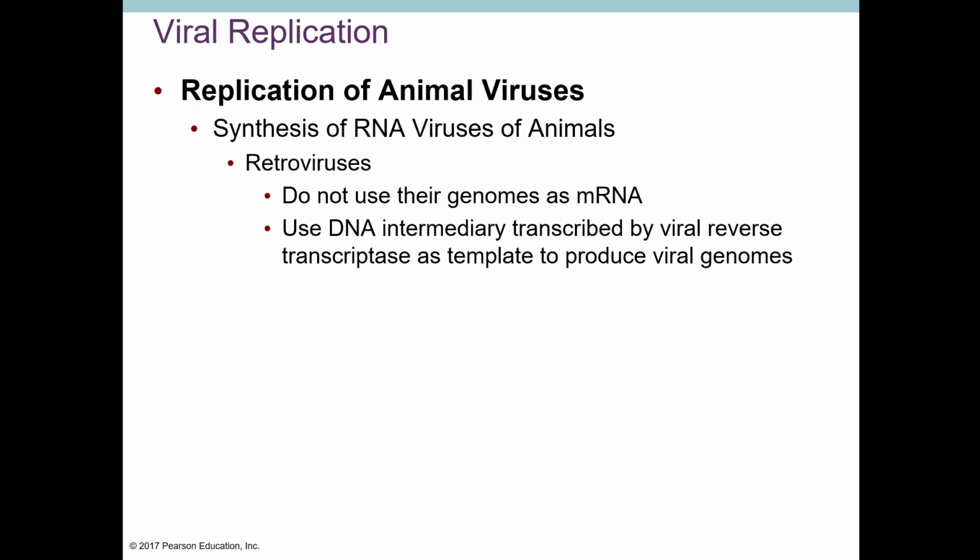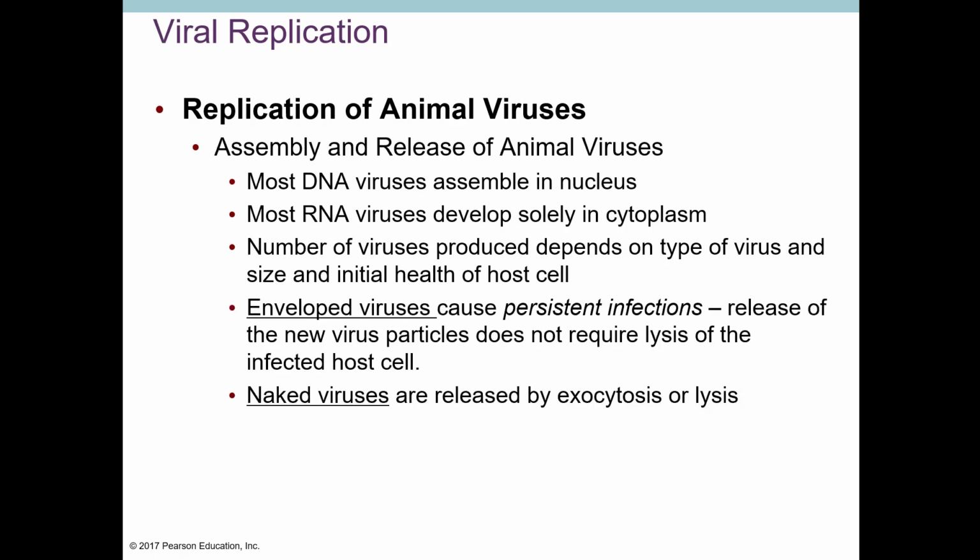Their chromosome can be inserted into the host cell's chromosome, and they can become dormant. And so retroviruses have that ability. And ultimately, whatever type of chromosome a virus has, it makes the enzymes and proteins needed to build new viruses.